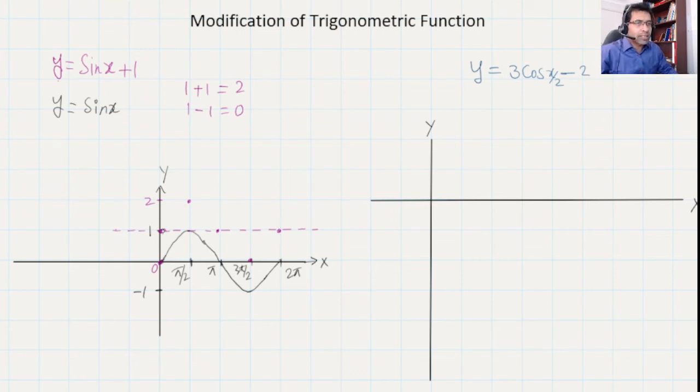So for this new graph, our central point is y equals 1. The central axis of the graph is this new color. We are just plotting the same sine graph anyway, so it comes like that, and then goes there.